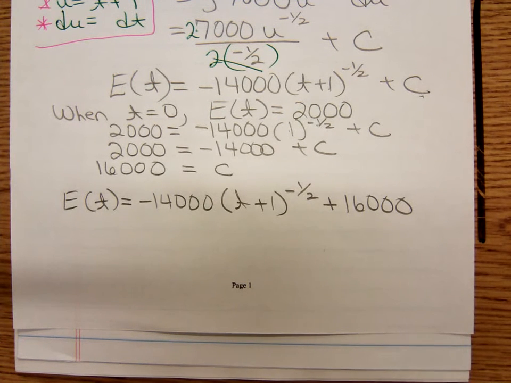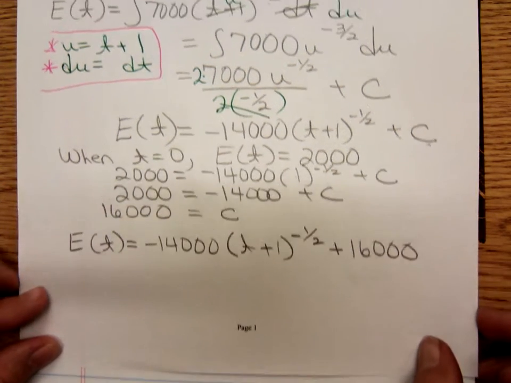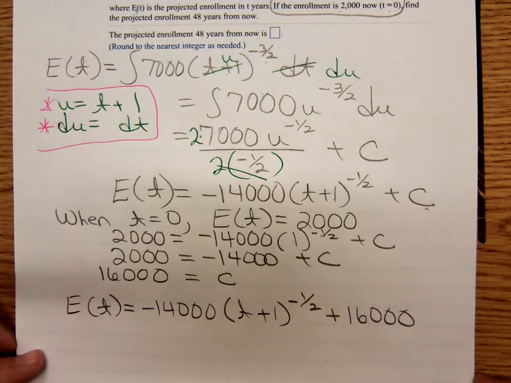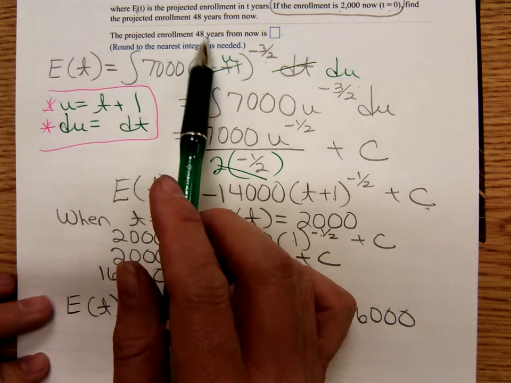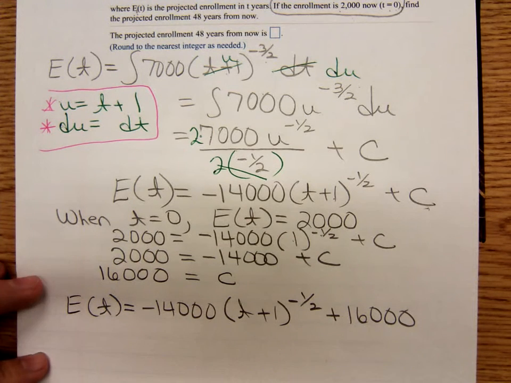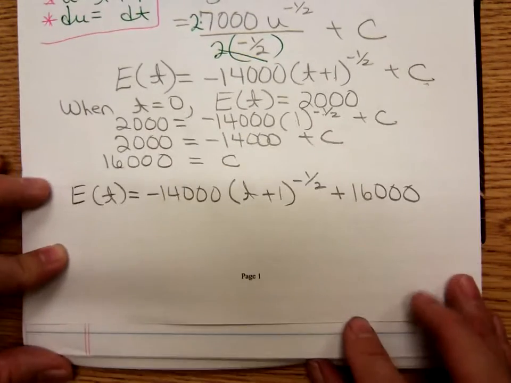Let's see, they want to know, I'm going to have to slide it back down now. They want us to now use this function to determine the projected enrollment 48 years from now. So 48 years from now, that means time is 48. So when t equals 48, what's the enrollment?